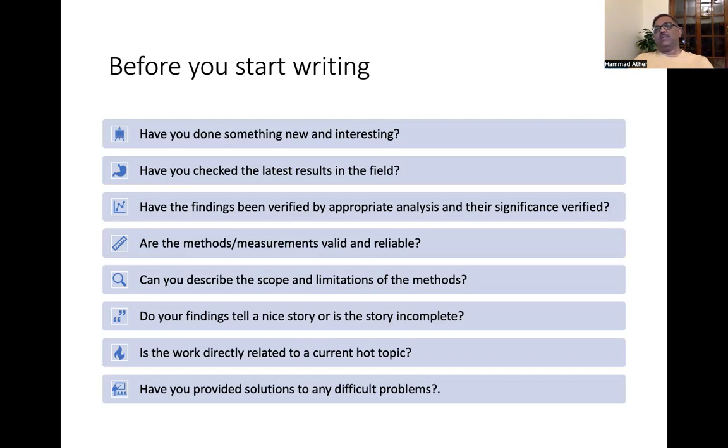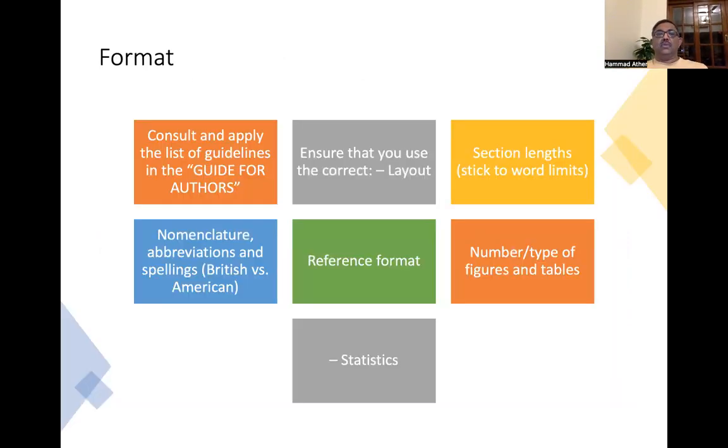If you talk about something very archival, like an open cholecystectomy in 2022, obviously people would have very little interest in that. Have you provided a solution to a difficult problem? All these things will help sell your article well, if you've taken all this into consideration.